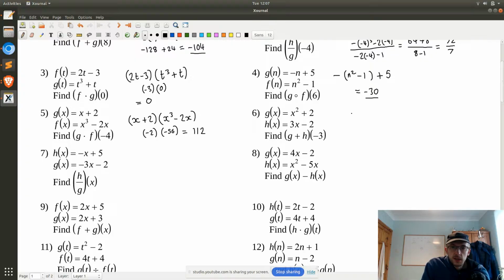Here, just add the functions together. So you get x squared add 3x, and then plug in negative 3, just like that, and you'll get 9, take away 9, which is 0.